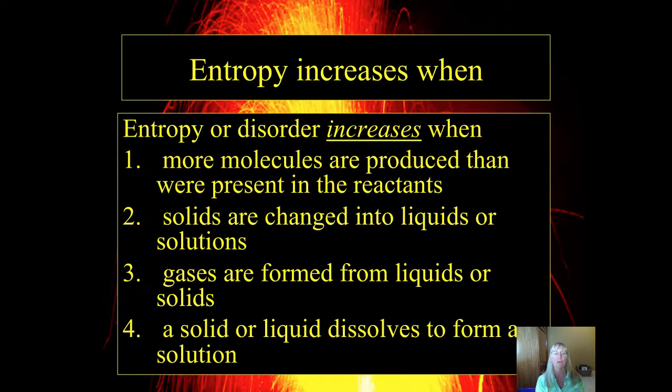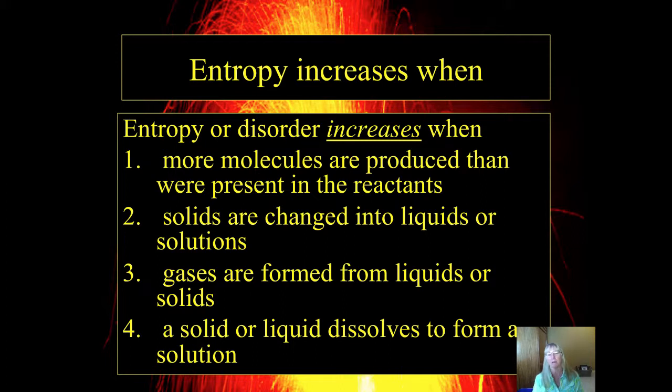So we can get more disorder, an increase in entropy, when more molecules are present that were produced than were present when you had them in the reactants. 1 piece of paper, 2 pieces of paper, 4, 8, very messy. When you have more numbers of things, you have a greater possibility for them to be disorganized.